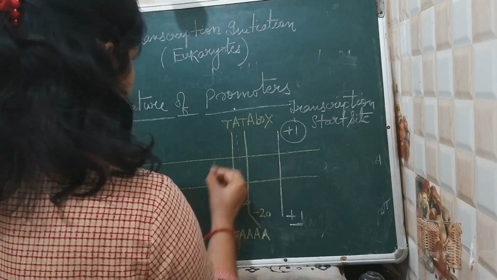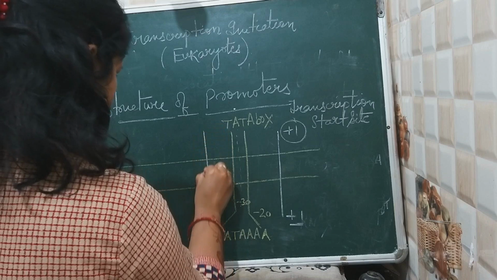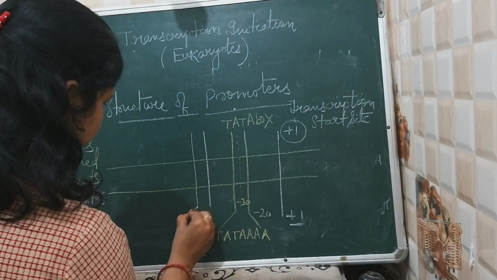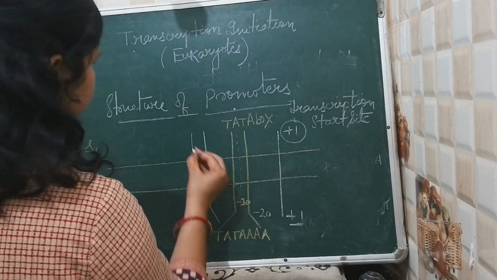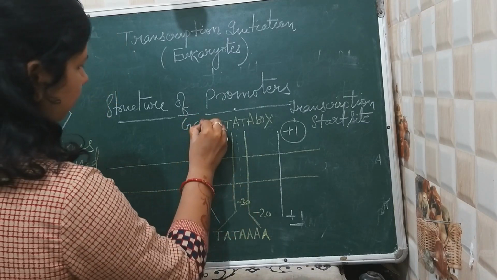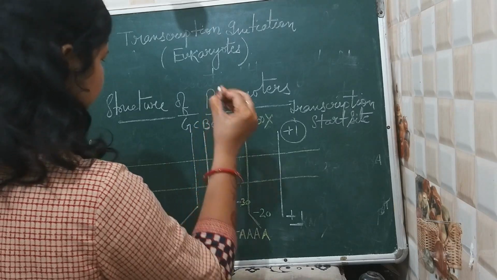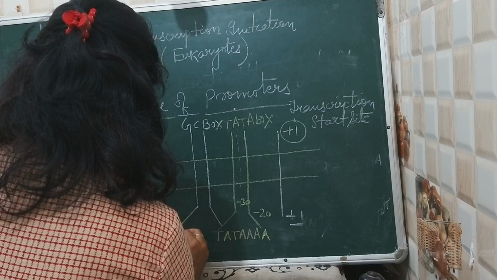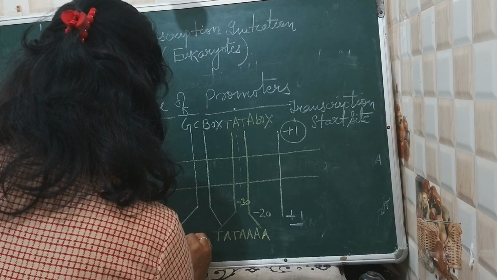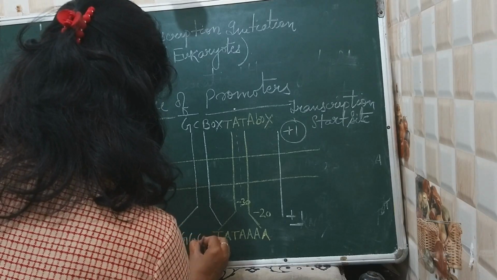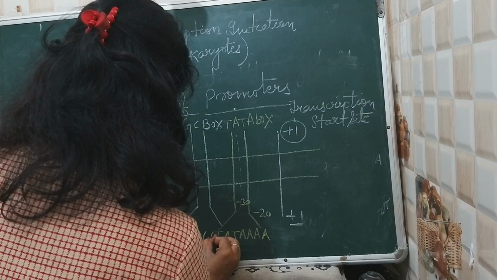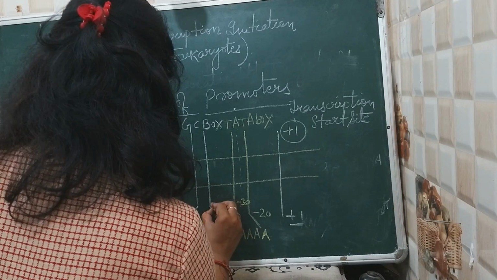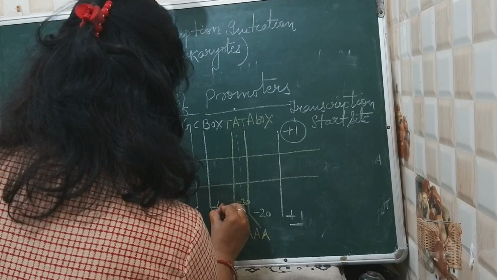Next to the TATA box, there is another conserved element known as the GC box, which also has a consensus sequence, GGGCGG. Its start location is -40.